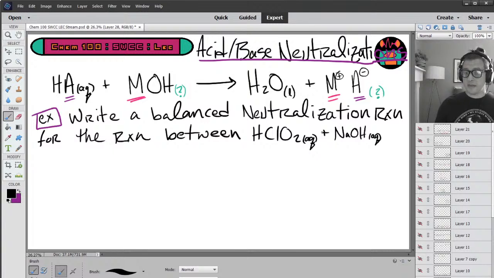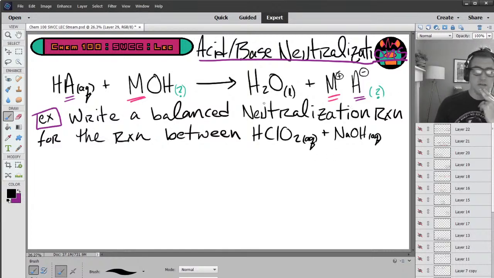This is aqueous because you'll remember sodium is always soluble, so anytime it's paired with anything, it'll be in the aqueous phase. Now, let's figure out how to write a balanced chemical equation.